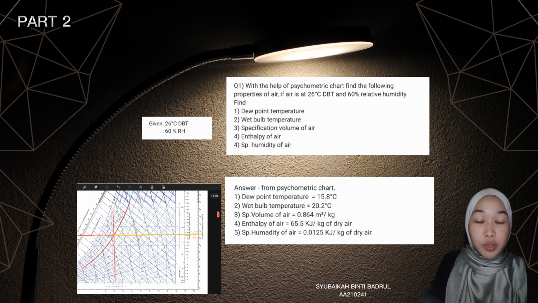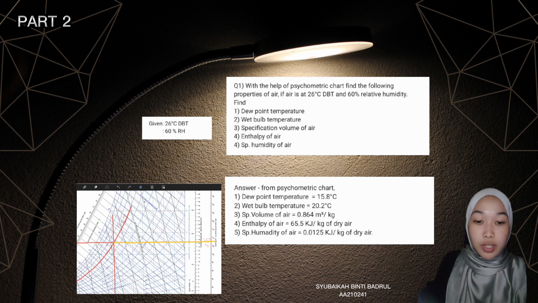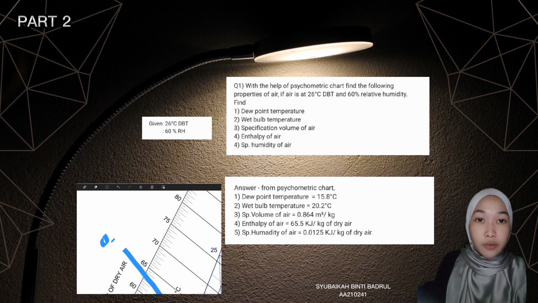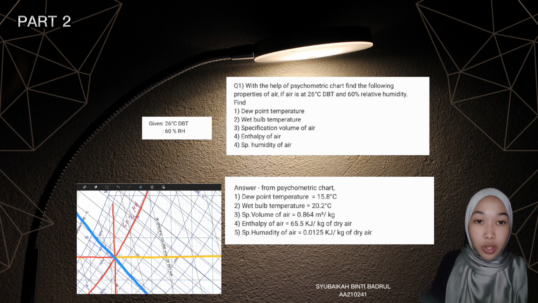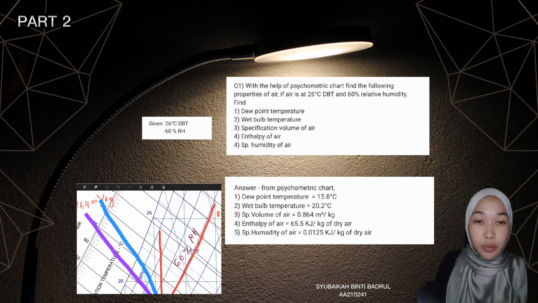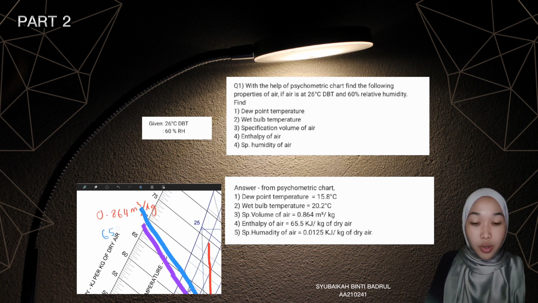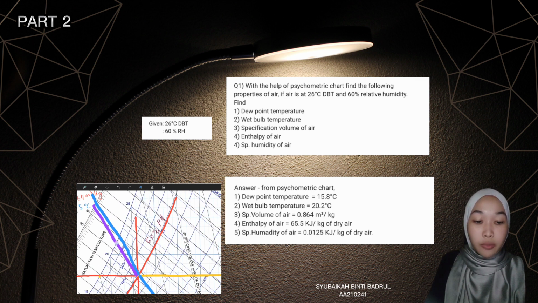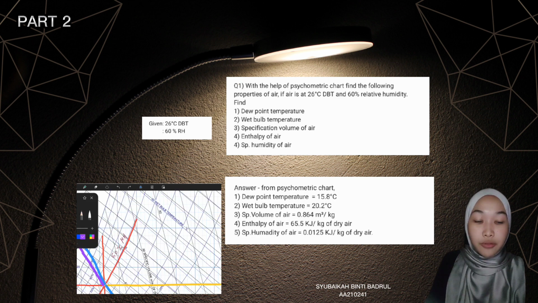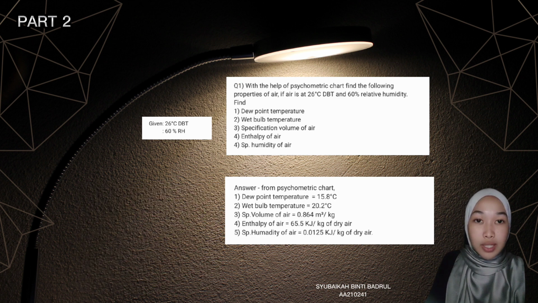And at the specific volume line, we got somewhere near 0.864 meter cube per kg specific volume. This inclined line is the specific enthalpy line, which gives 65.5 kJ per kg of dry air. So in this way, with the help of psychrometric charts, we can determine different properties of air at 26 degrees dry bulb temperature and 60% relative humidity.